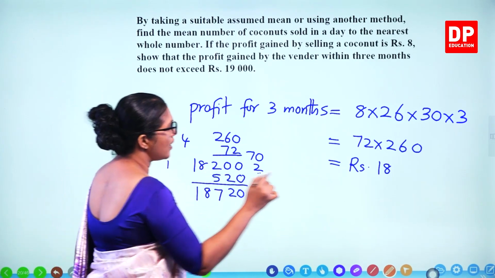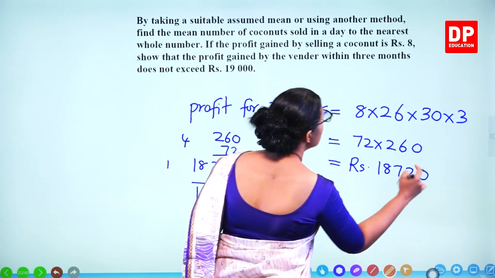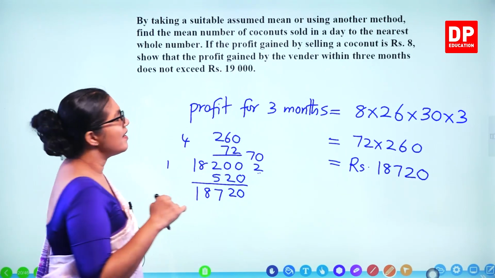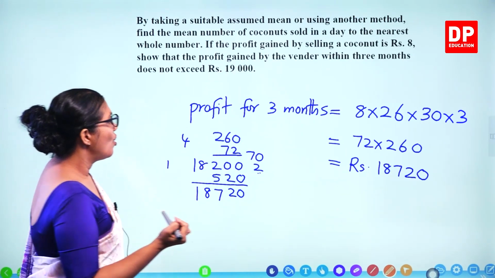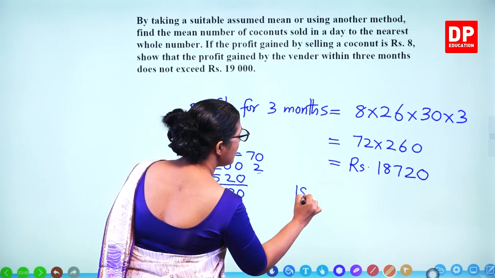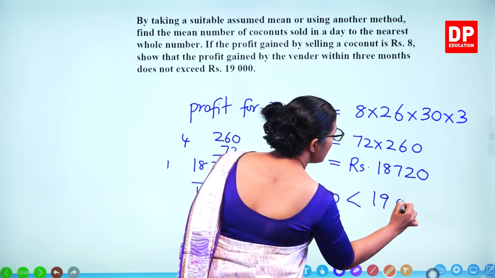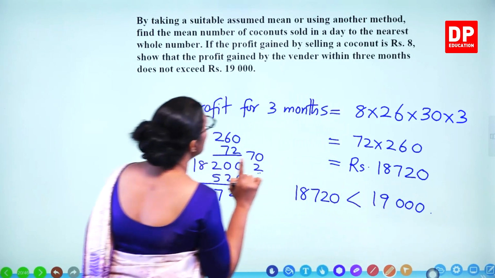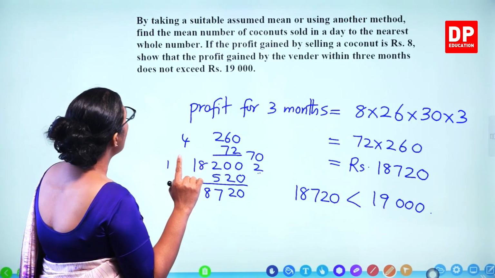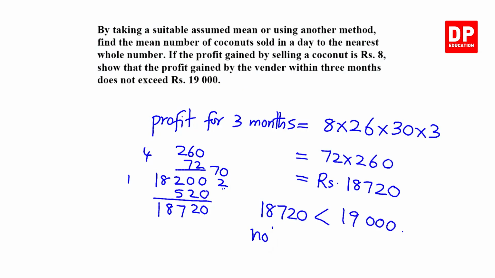Again, shall we check? 720. So this is less than 19,000. So we can write 18,720 less than 19,000. So we can say it does not exceed 19,000 rupees.